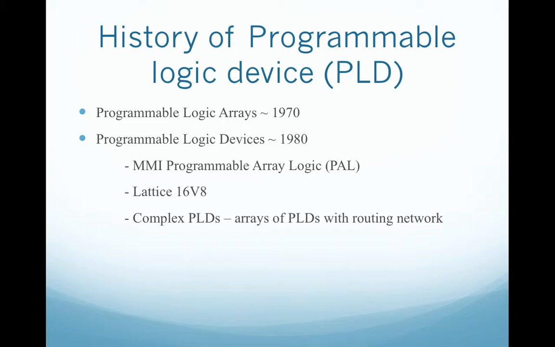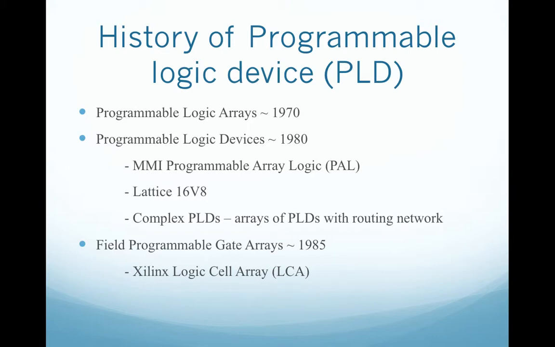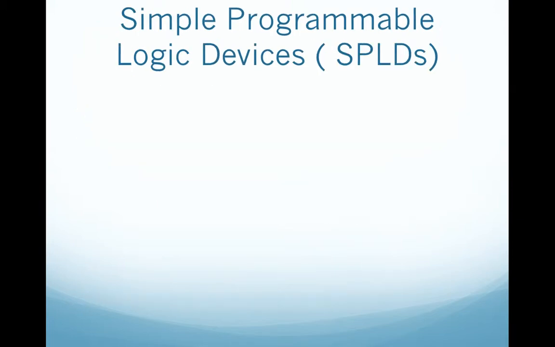So it means the PLDs and arrays now have a network. Early in 1985, field programmable gate arrays were created, with Xilinx's logic cell array. Then CPLD, or complex programmable logic device, and FPGA, or field programmable gate array, architectures became more known in 2000.